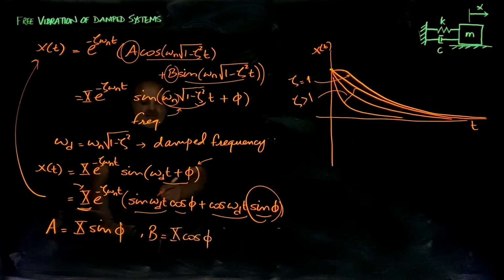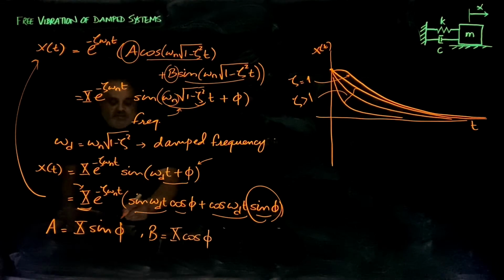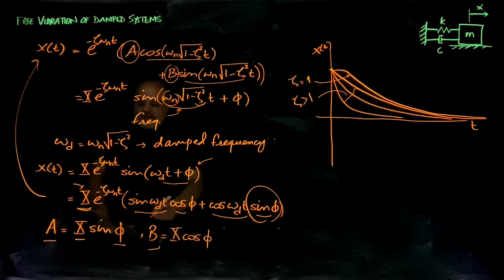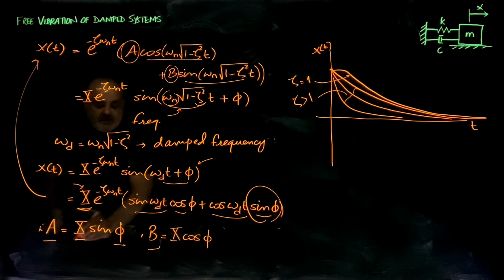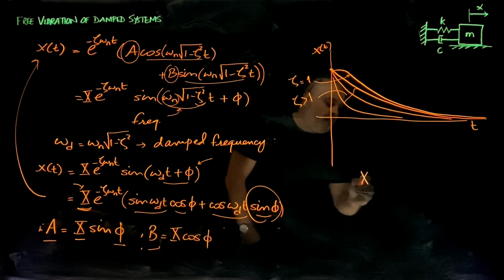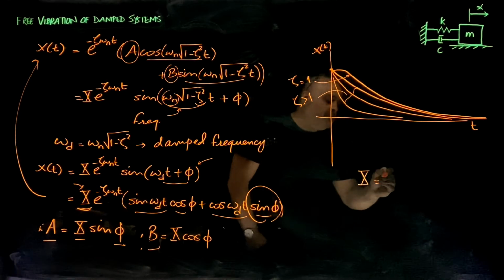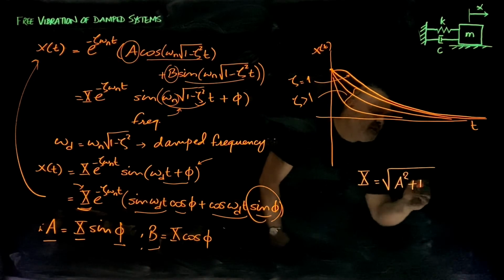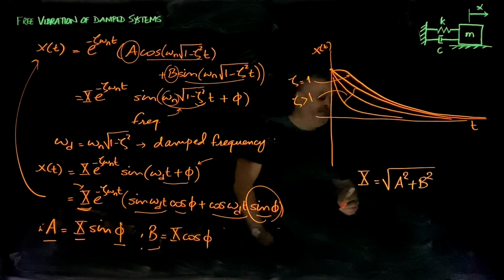Now I can find the relationship between A and B, x and phi. If I square A and B and add them together, x will be the square root of A squared plus B squared.